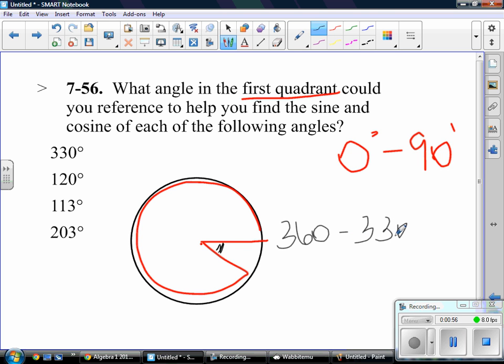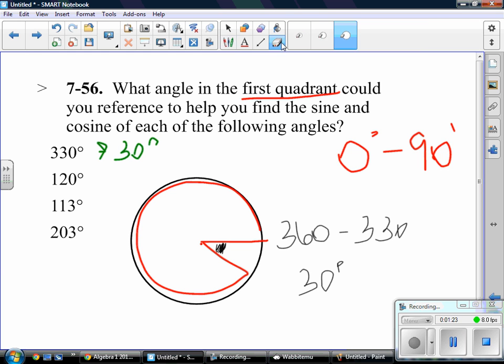So I went 330 degrees around. I could just use this number and then take into consideration the positive or negative direction, but I'm going to get the same values for my sine and cosine. So 360 minus 330 will give me 30 degrees for part A. So this one right here, that'll be 30 degrees.